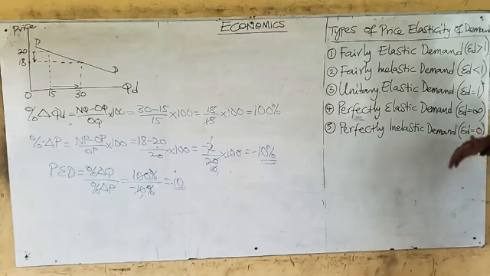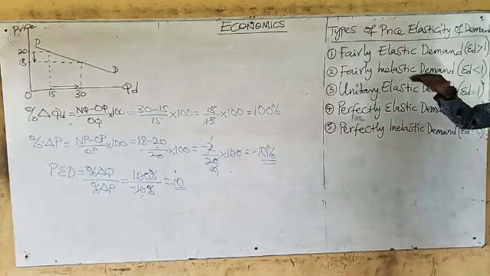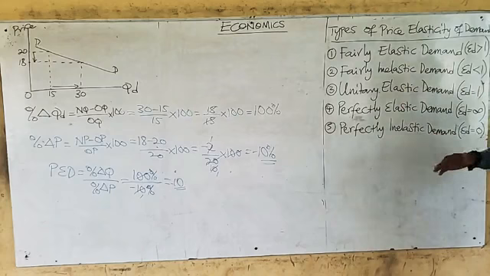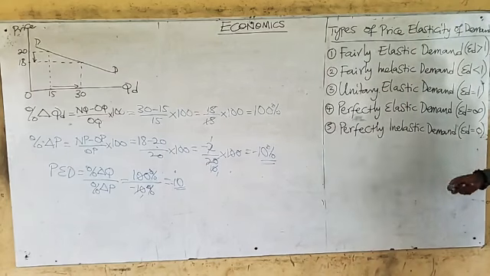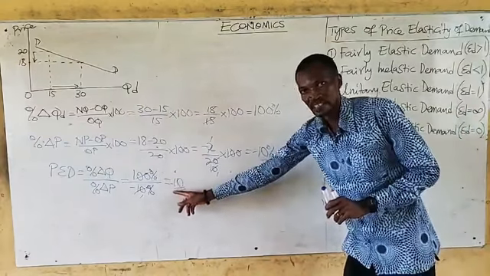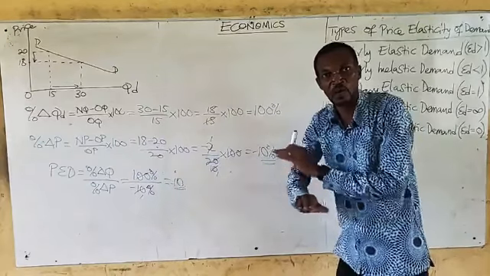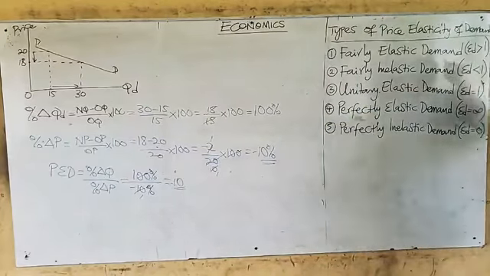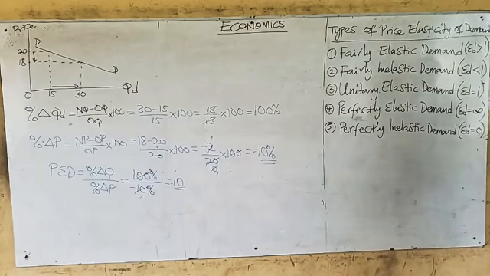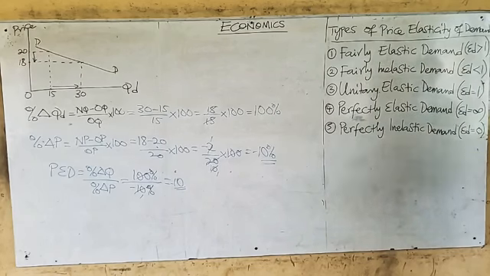Note that in calculating price elasticity of demand, you are always going to get negative: negative 1, negative 2, negative 3, negative 10. So we say ignore the negative sign. We are interested in the absolute value. Here is negative 10, but ignore the minus sign and assume that the answer is 10, and 10 is greater than 1. When your final answer in calculating price elasticity is greater than 1, it means that the demand facing the commodity is fairly elastic.